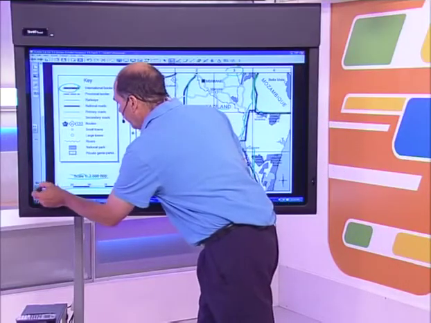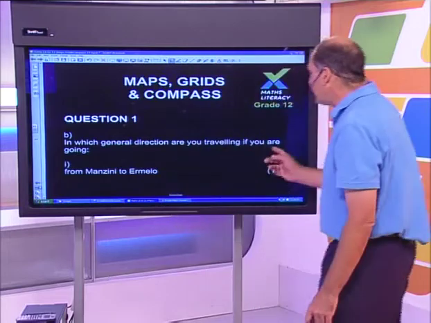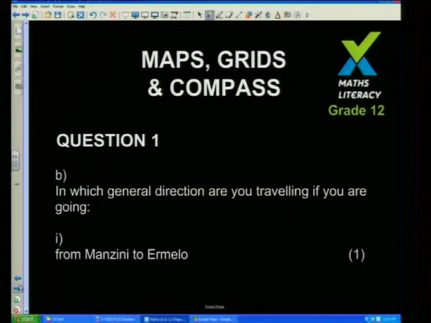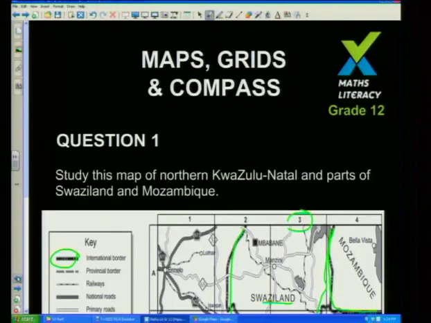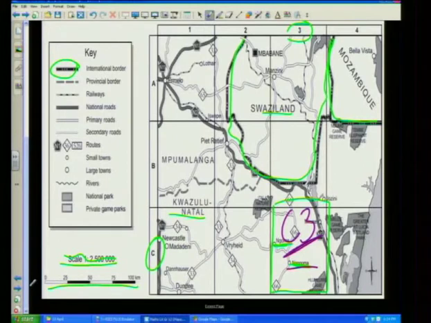Okay, so let's go to another question. We'll refer to the map. In which direction are you traveling if you're going from Mzini in Swaziland to Ermelo? Okay, let's go back to the map. Now we'll do a double jump, and not too difficult one, because we've underlined quite a few things here, but let's highlight Mzini and Ermelo.